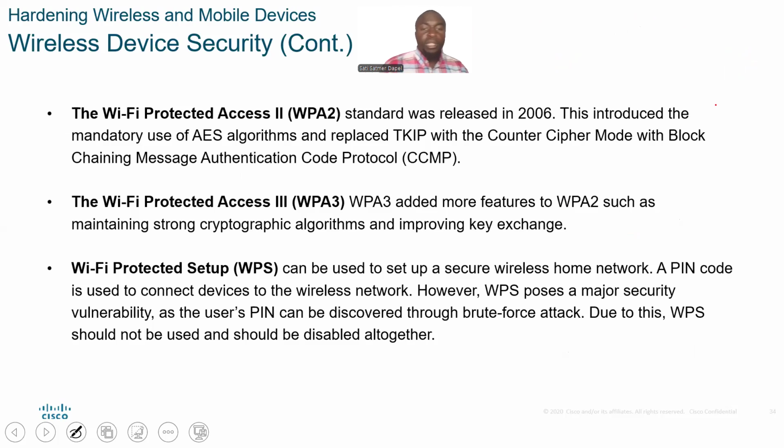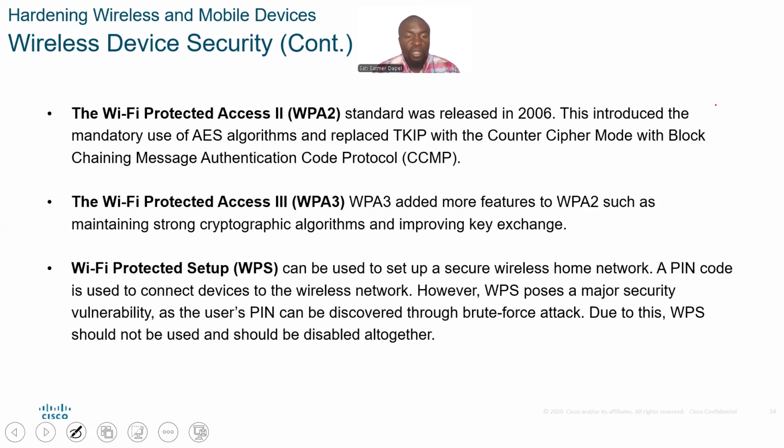The Wi-Fi Protected Access 2 standard was released in 2002. This introduced the mandatory use of AES algorithms and replaced TKIP with the Counter Mode Cipher Block Chaining protocol. It added more features, such as maintaining strong cryptographic algorithms and improving key exchange.